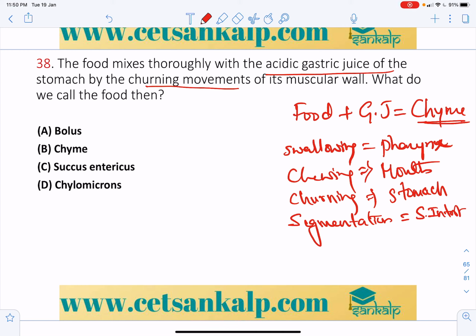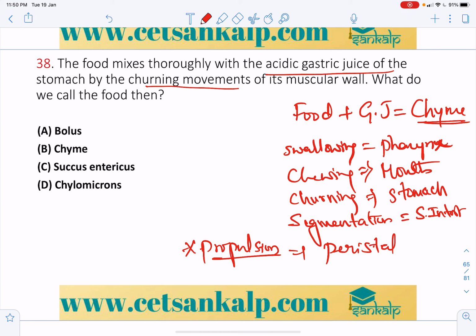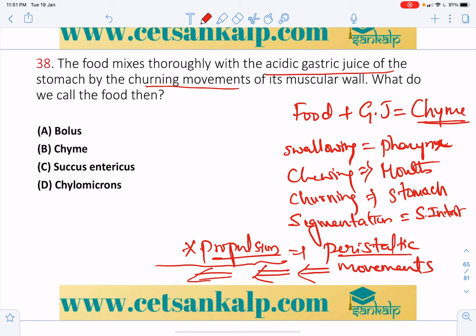One more is propulsion, which includes peristaltic movement. What is peristalsis? Peristaltic movement is alternate contraction and relaxation of the muscular wall, the gut wall layer, which pushes the food along the alimentary canal.